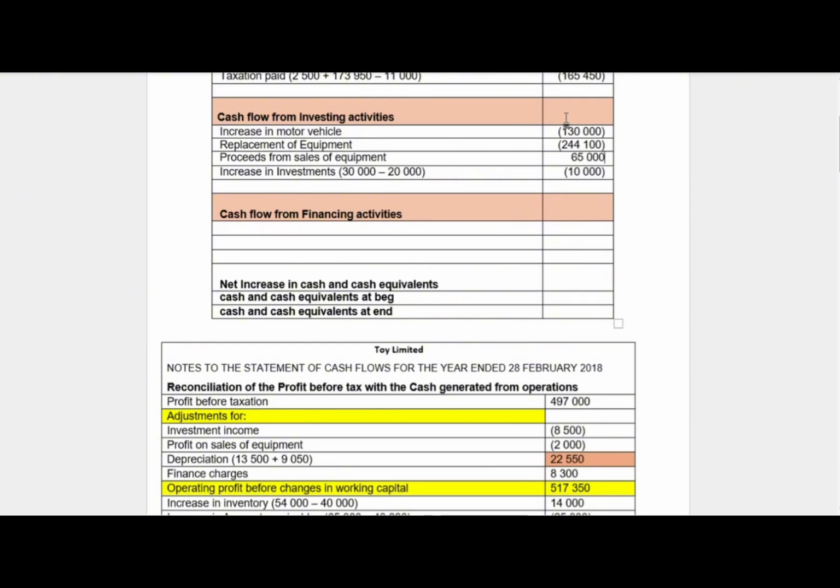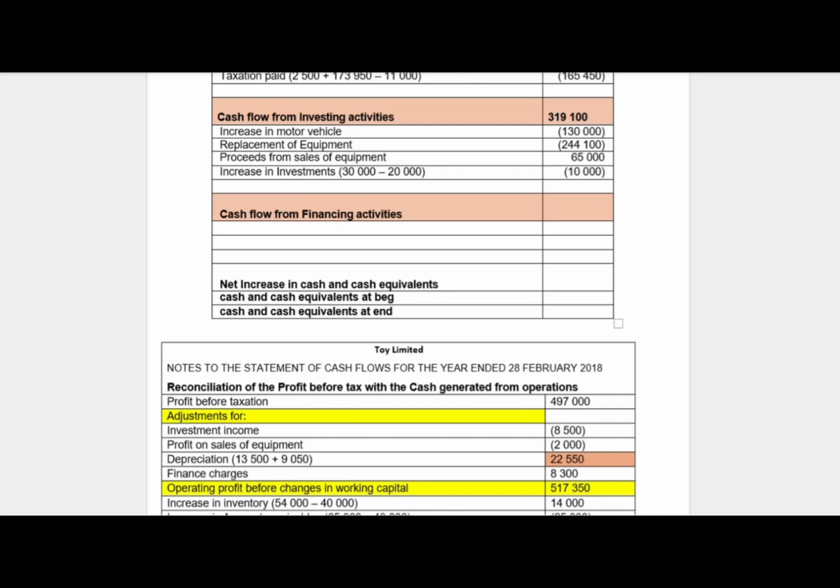On your calculator you can just say negative 130,000, and then you say minus again 244,100, and then you say plus 65,000, and you say minus 10,000, and then you're going to get an outflow of 319,100.